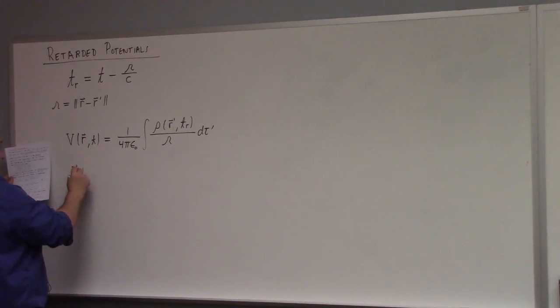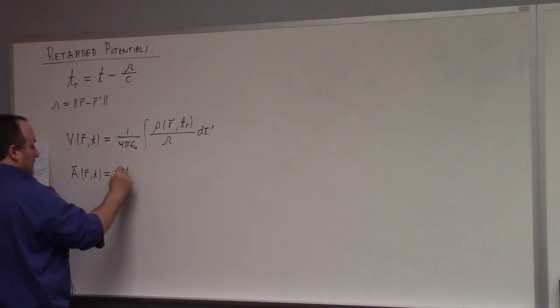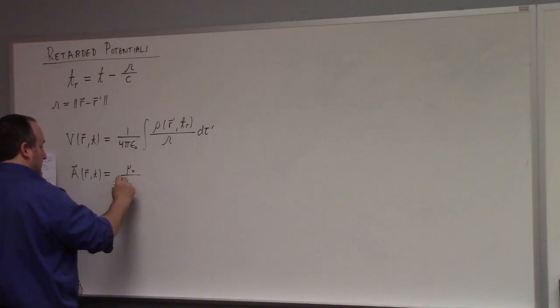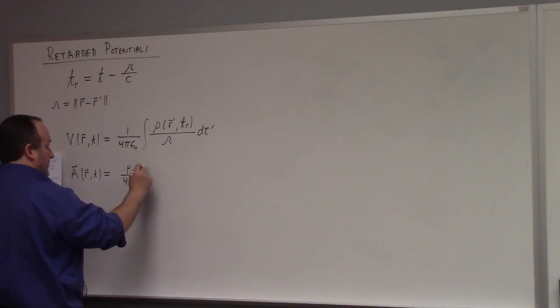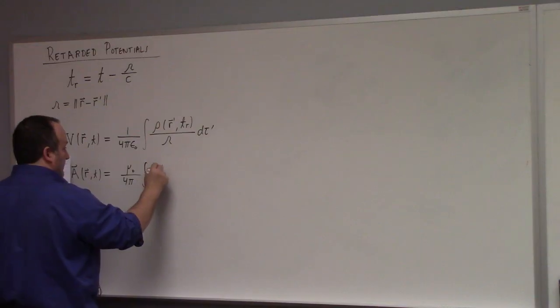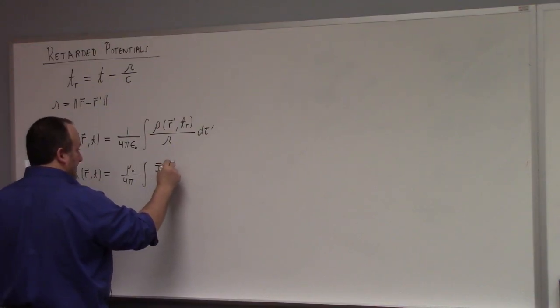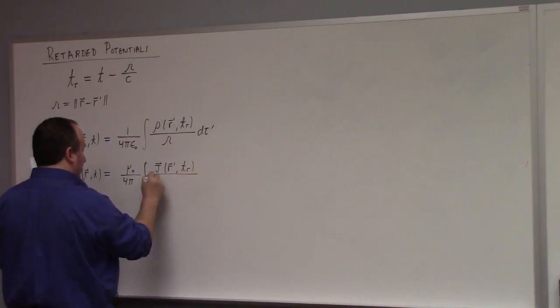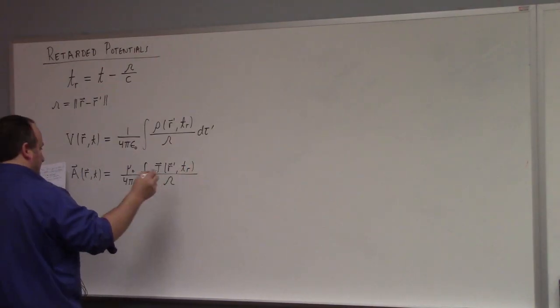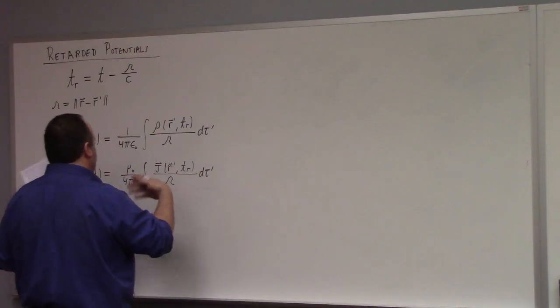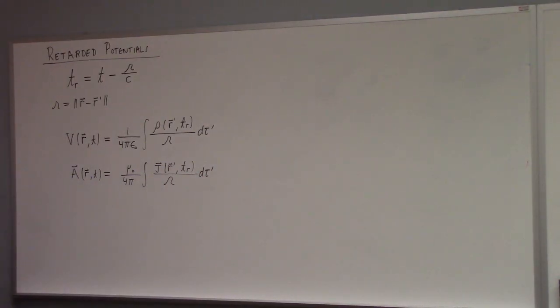So these are exactly the formulas for the potentials we wrote previously in electrostatics and magnetostatics in the case of static sources. But we're just replacing time with retarded time. The reasoning being that if we believe in special relativity, that things travel at the speed of light and no faster, then this would take into account the travel time from the source to the field point.